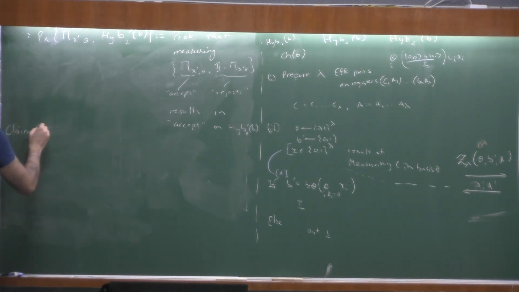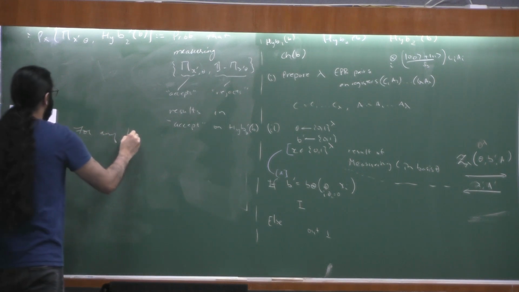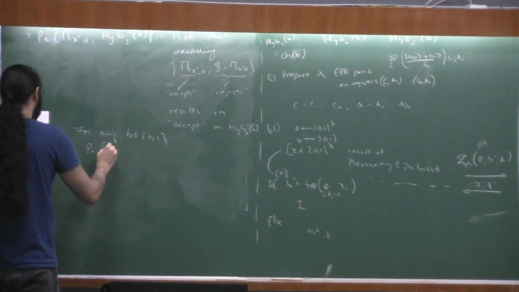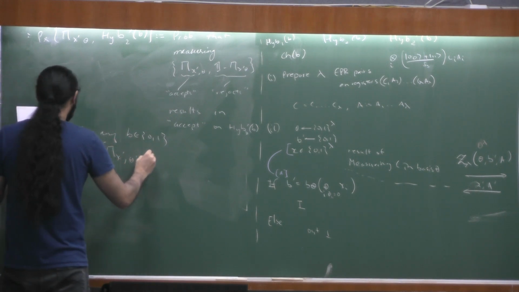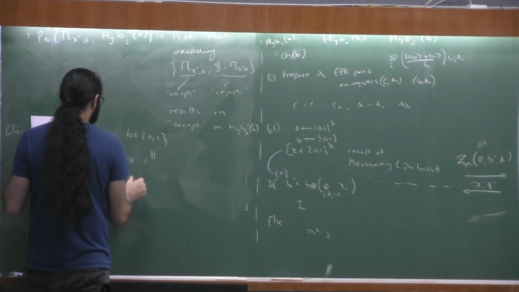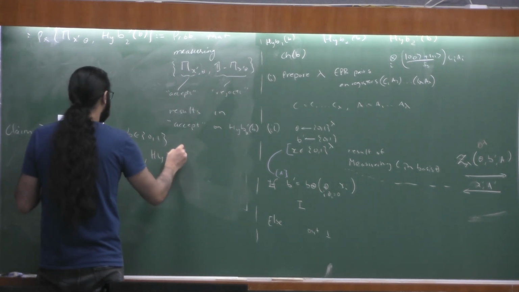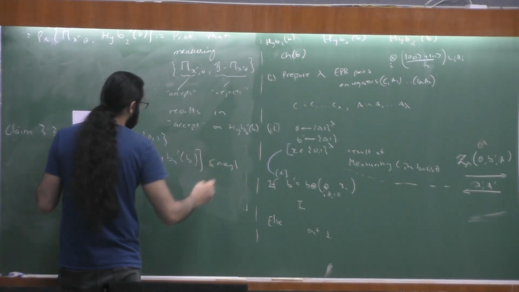So now the claim. For any b in 0, 1, we want to argue that the probability x prime theta on hybrid 2 prime b is at most negligible. That's what we want to prove.